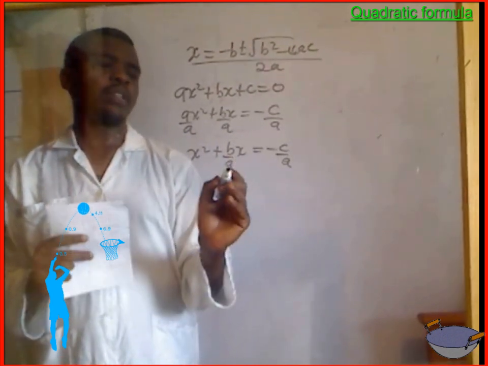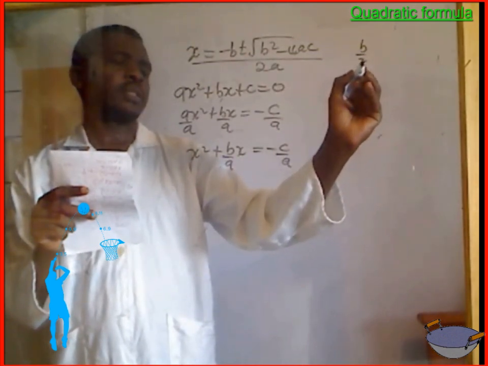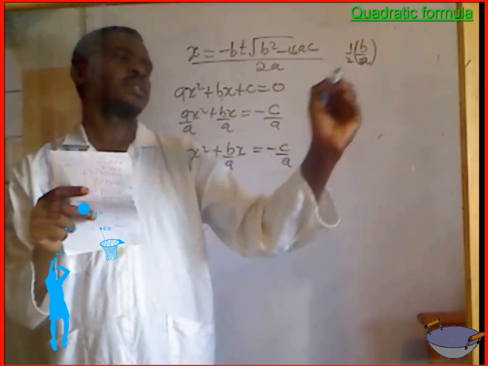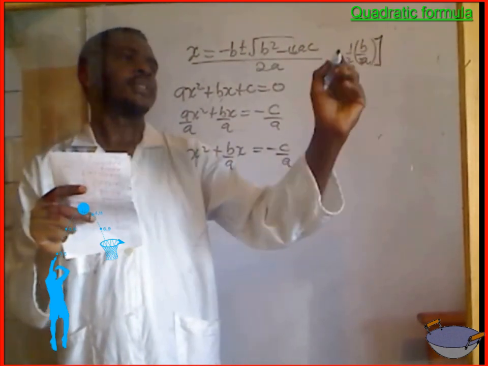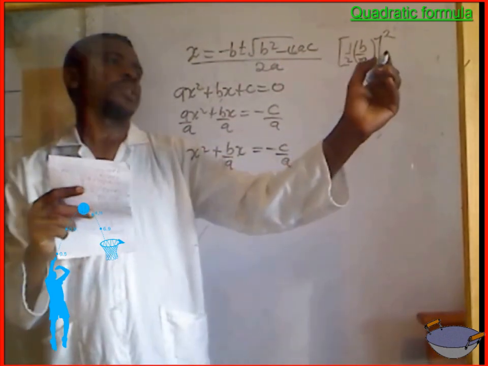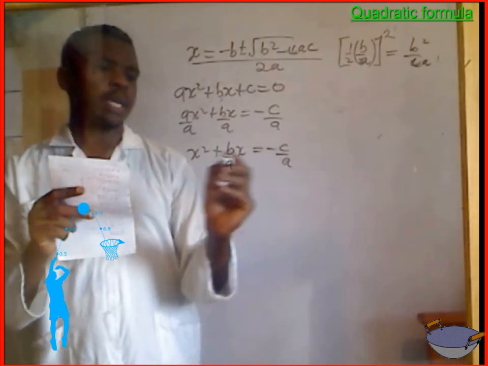What is half the coefficient of x here? The coefficient of x there is b all over a. So half the coefficient is times half all square. This will give us b squared all over 4a. So I do that here.